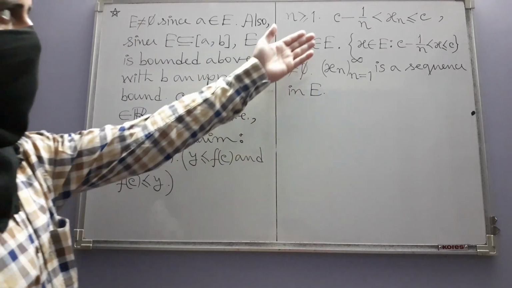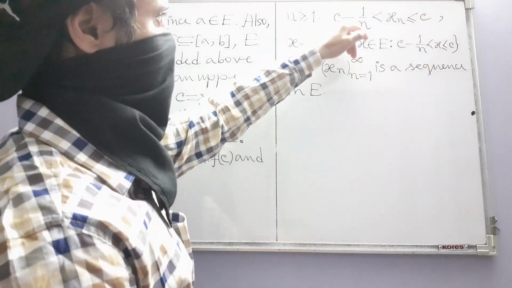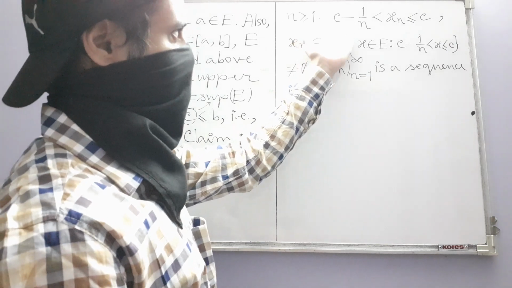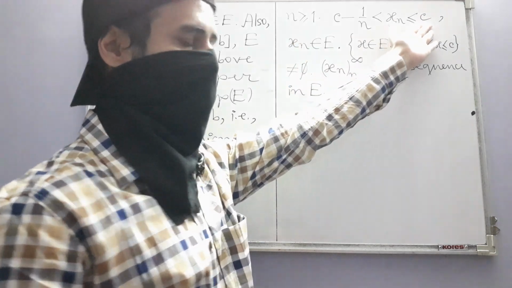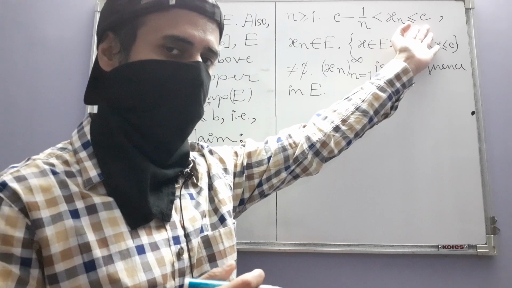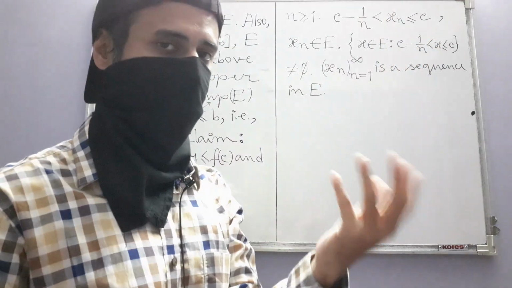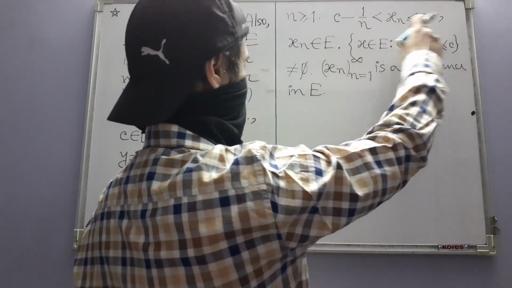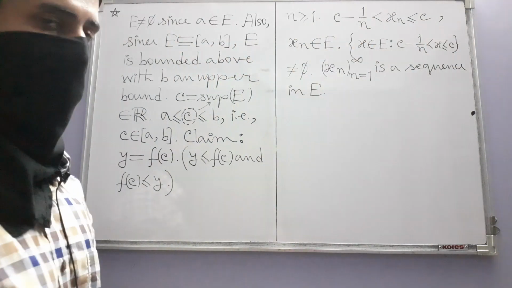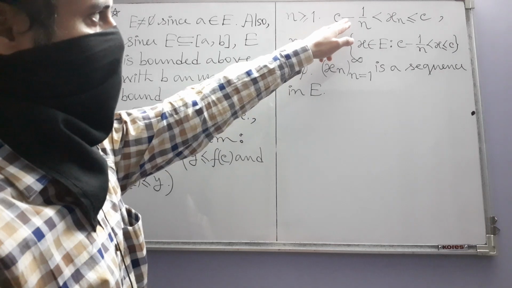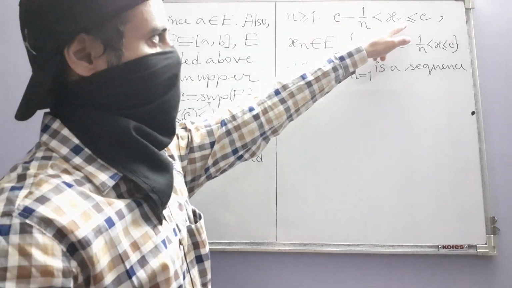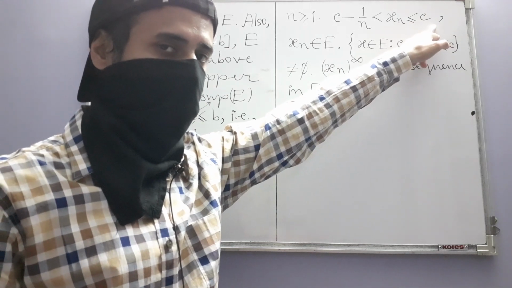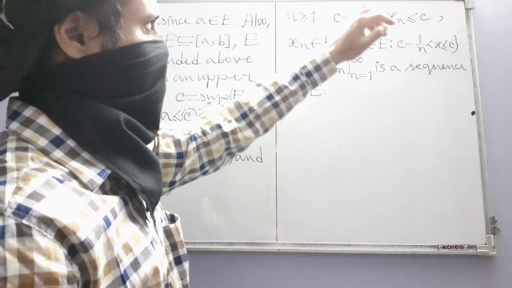Moreover, we can see from these inequalities that all of these terms are equal to c. As n changes, c of course stays c. So we are now looking at three sequences linked by these inequalities. One of them is this, the other one is this, and the other one is this constant sequence, all of whose terms are equal to c.